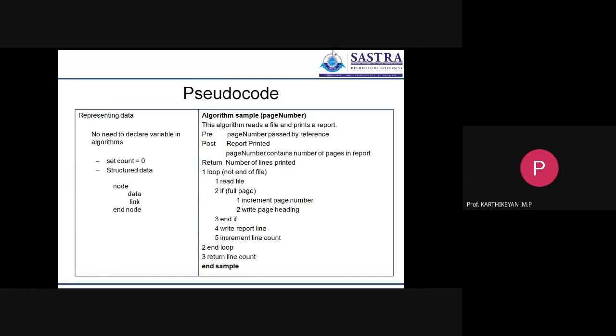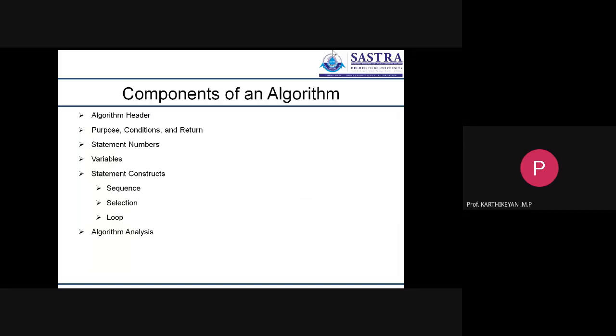Here we are returning the number of lines printed. So what is the return value of that algorithm, that we need to specify in the return. This is the header part: the algorithm name, the parameters, each parameter's value in the precondition, postcondition, and finally return values.